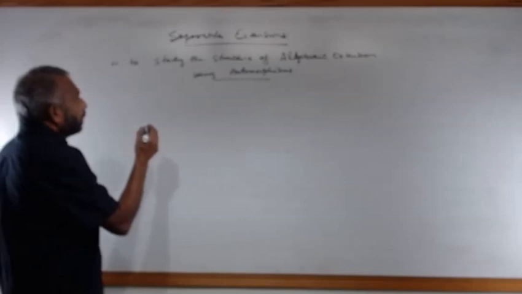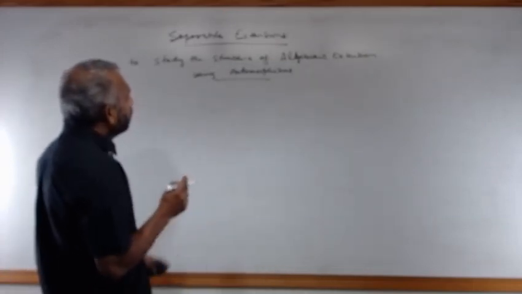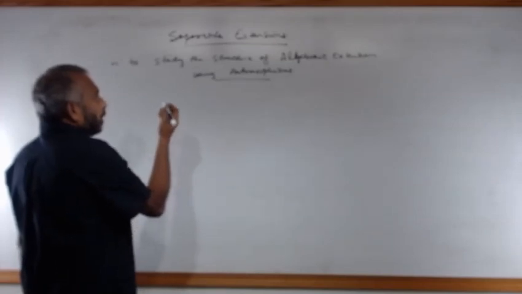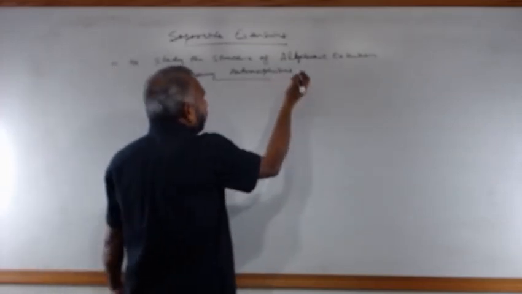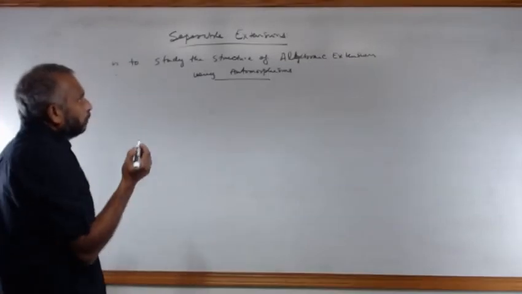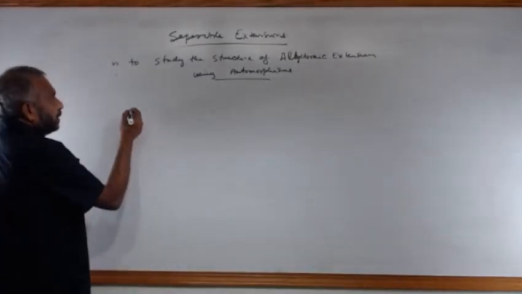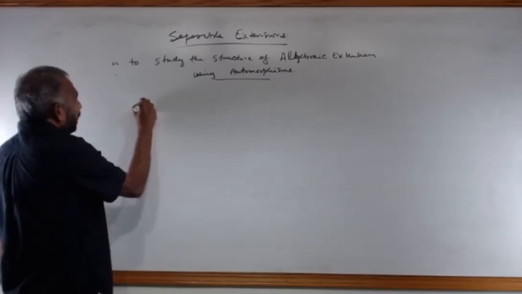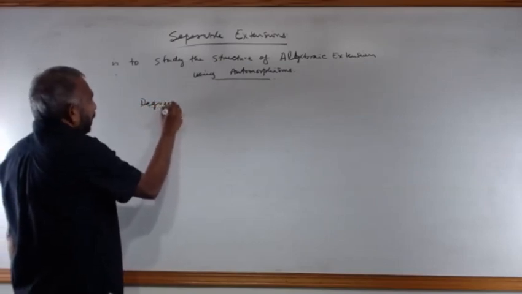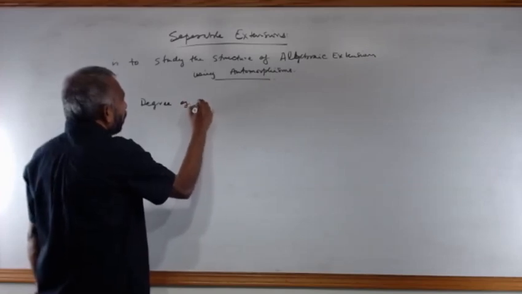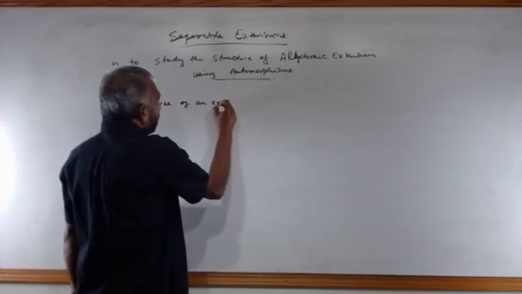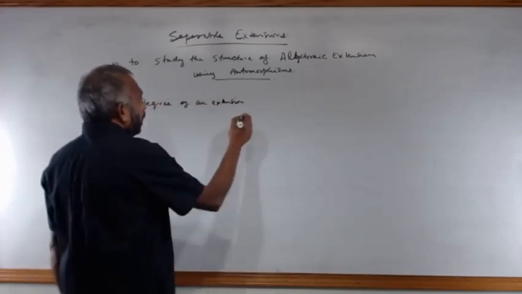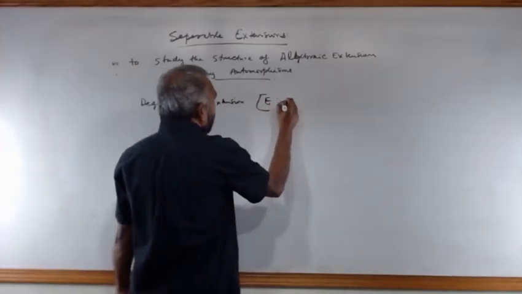So, to do that, we have defined a lot of properties of field extensions, and some of them are these: the degree of an extension, that is [E:F].